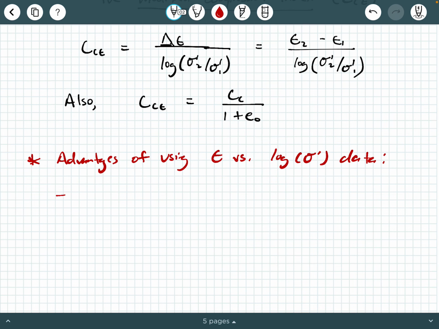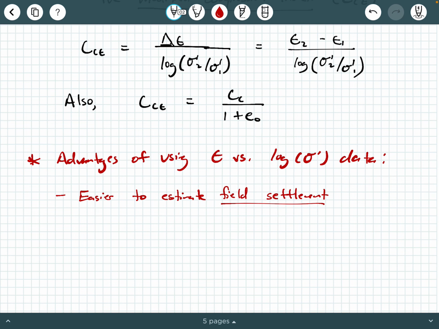This is easier to estimate field settlement. So this is an advantage over using void ratio. If you have strain instead of void ratio, then you can calculate settlements much more easily because, again, it's strain now, right?